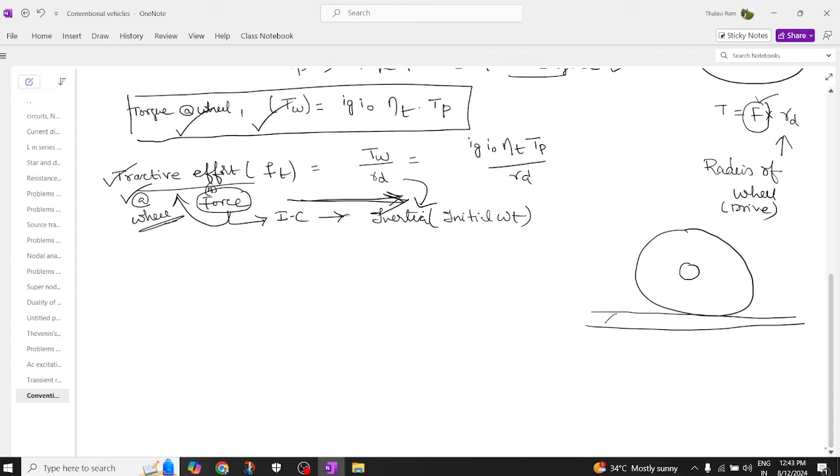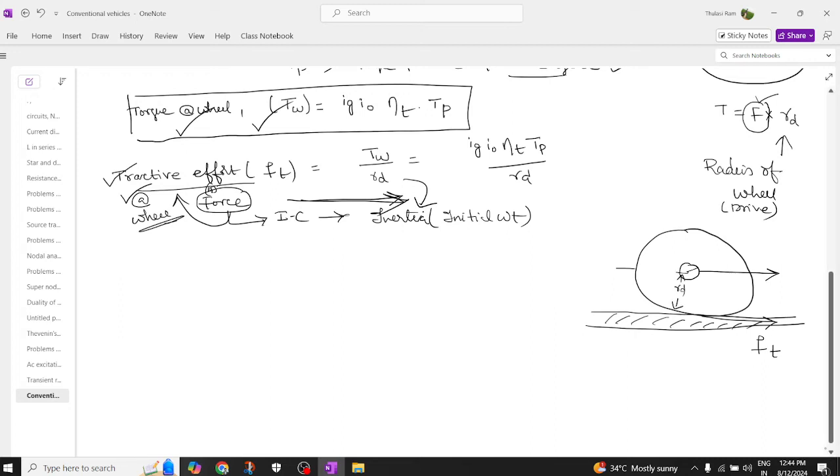You have the wheels on the road, and this wheel has to be moved, then it requires some sort of force. So this force, what it requires to move on the road, is called the tractive force. And if you consider the radius, from this point to this point, which is nothing but the radius RD.